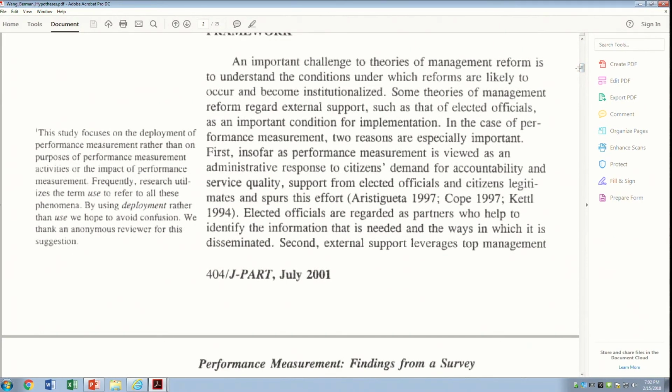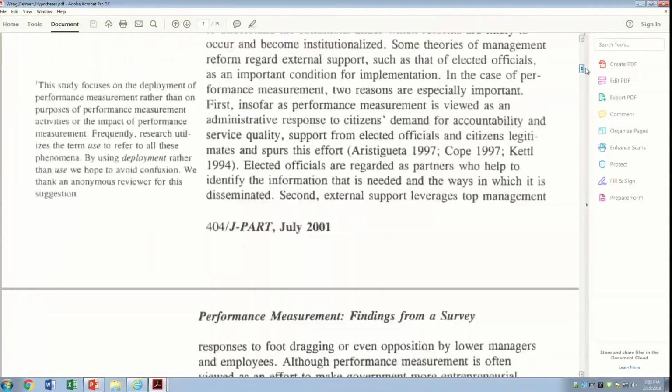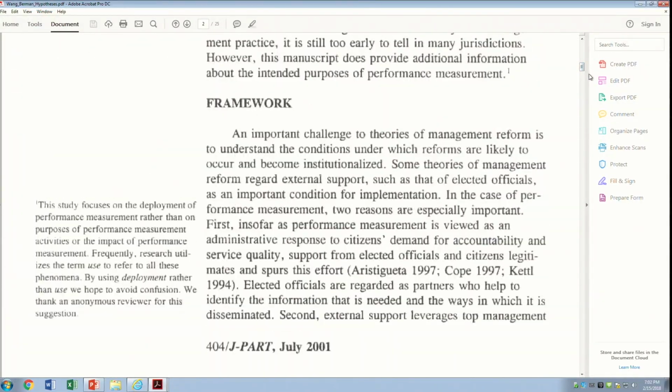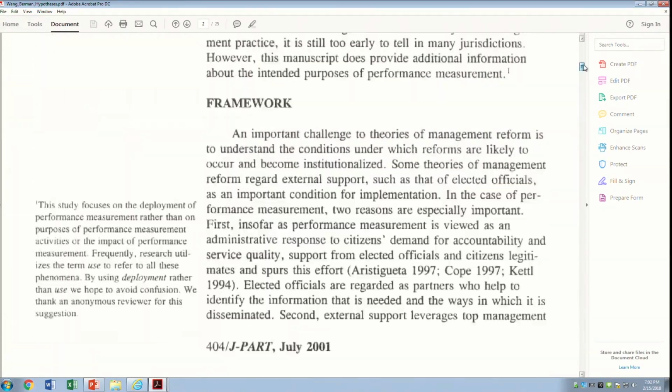Okay. So this one's nice and short. What I'd like you to do is read just from framework right here to hypothesis 1, and try to read it in about 30 seconds or less, too, because we want to see if they get the main points right.